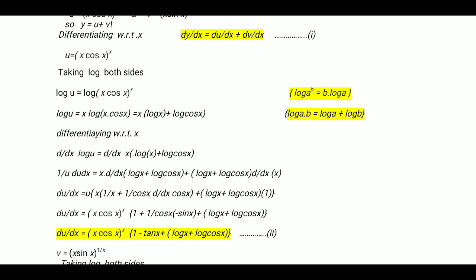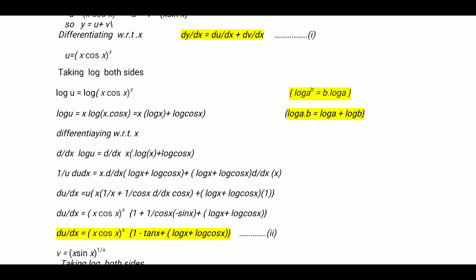So du/dx is equal to, put the value of u, that is (x cos x)^x, and solving it, multiplying x, we get 1 plus (1 upon cos x) into minus sin x, that is the differentiation of cos x, plus log x plus log cos x.